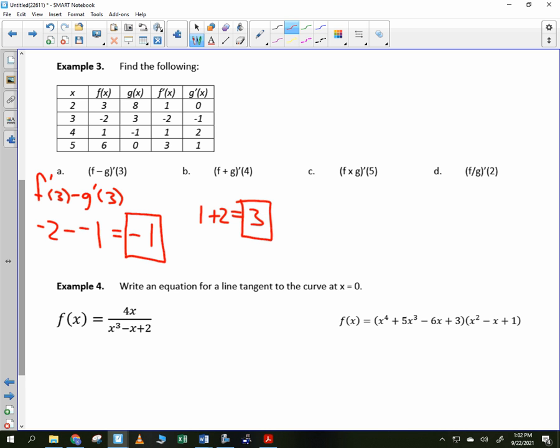When you got it, you can look up and check. Are we all good?